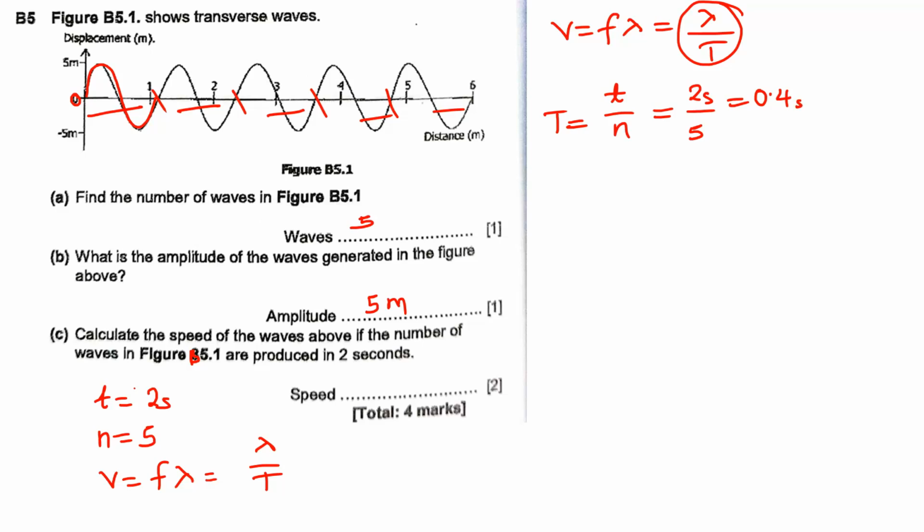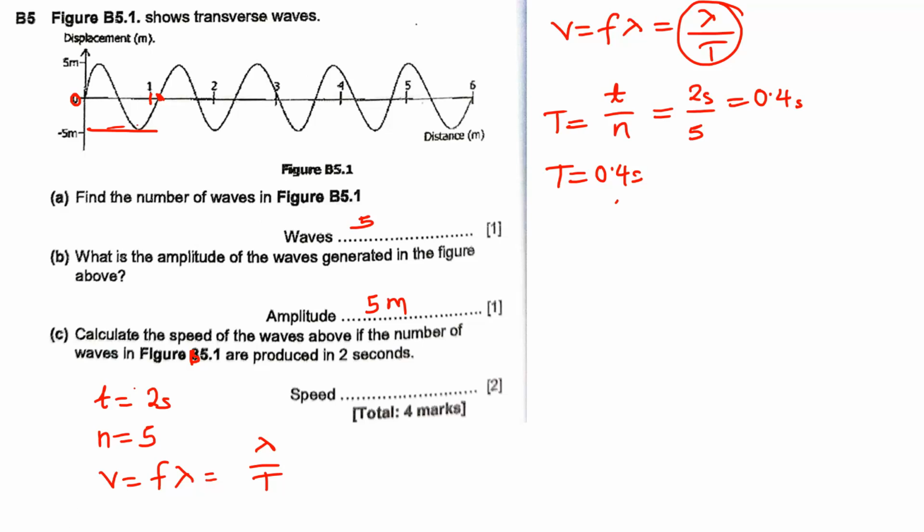Then we have the period now, which is 0.4 seconds. What else do we need? We need the wavelength. Wavelength is just the distance of one wave. It's very hard for us to tell the wavelength from here up to there, because look at this: this is 1, but what about this space that is remaining?